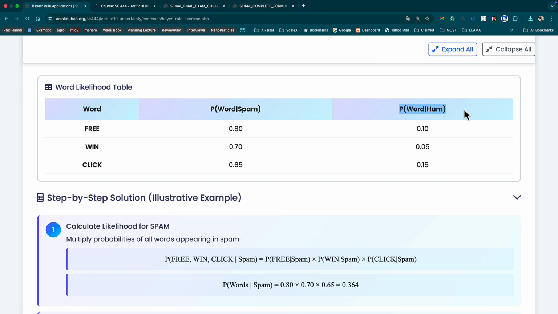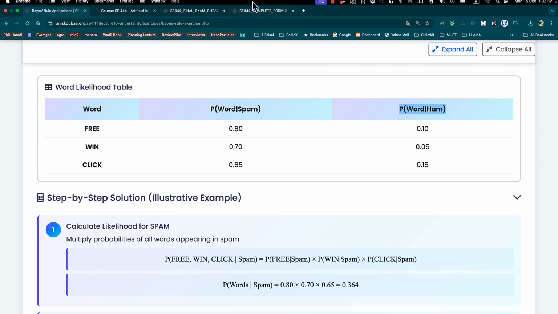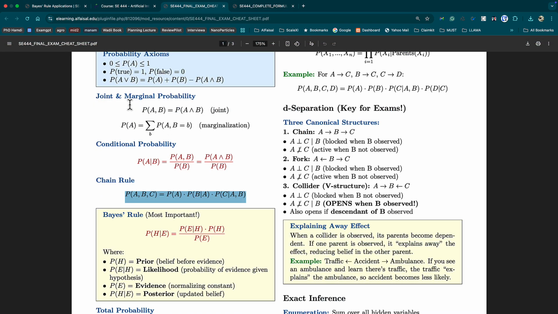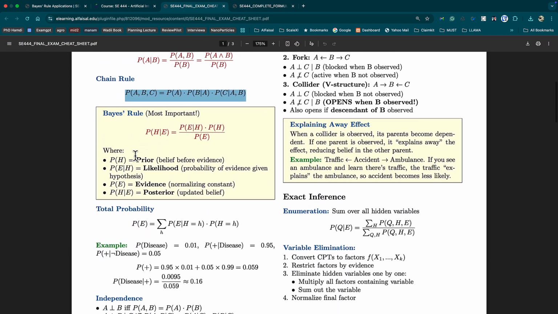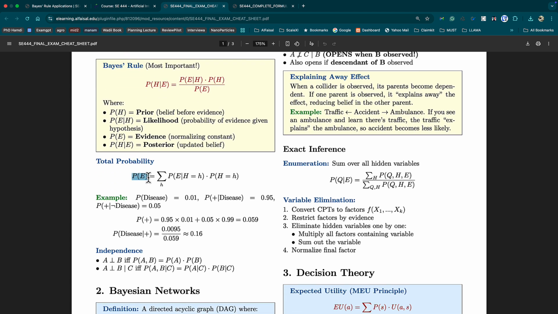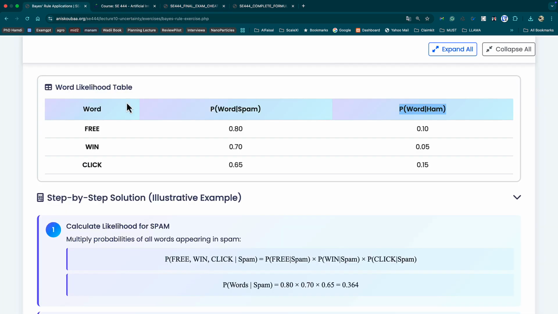What is the law that we will use? No. We're going to use the law of total probability. The probability of the evidence is the evidence given the hypothesis. The hypothesis can be spam or not spam, multiplied by the probability of the hypothesis. So this will take us to the following.